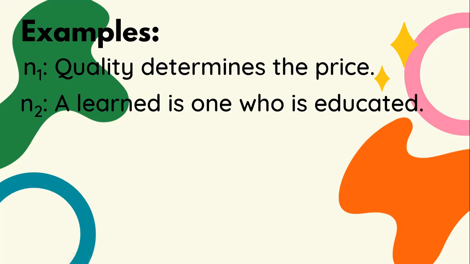Let's have N sub 2 proposition. Anyone? Other hands, please. So there are different ways by which you can negate a statement. Yung opposite ba niya? Benedict, can I hear your voice?